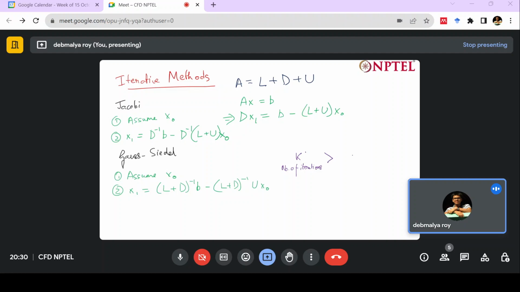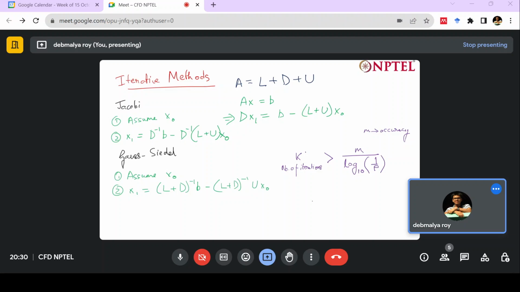That should be greater than m divided by log of 1 by rho. So m is accuracy. If it is 8 decimal accuracy, then m is 8. If it is 6 decimal accuracy, m is 6, and so on.